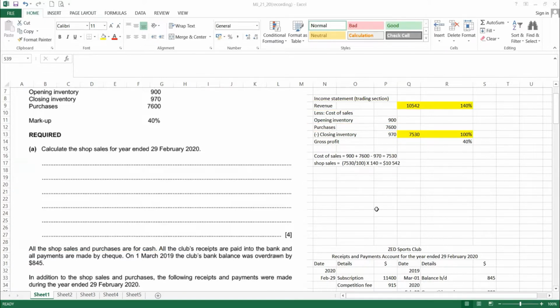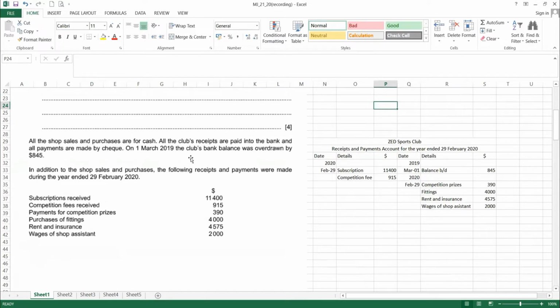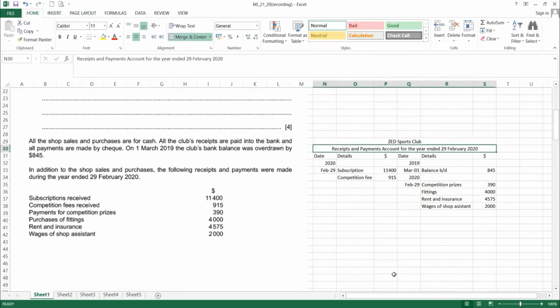Why in here does the question say that the club payment. First, they say that all the club receipts are paid into the bank, and all payments are made by cheque. But here they put cash. Here they say bank, because the receipt and payment account is cash and bank. So both are put in together.